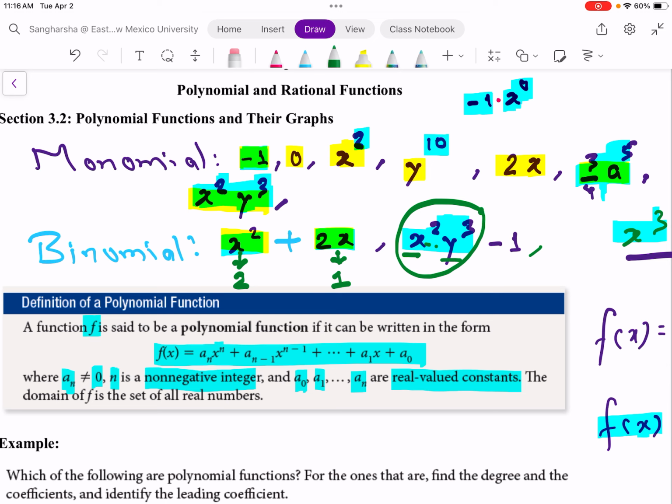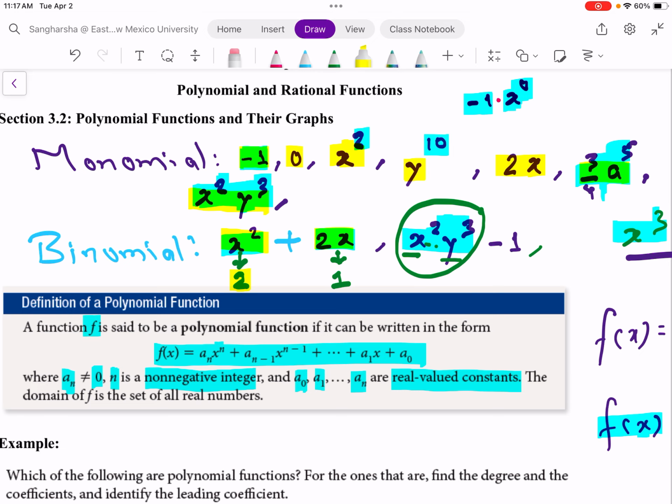We have more than one term, so we always take the highest degree here. What is the highest degree? 2, right? So 2 is the degree of this binomial. In order to find the degree of a polynomial, you find the degree of each term, and whichever term has the highest degree, that is the degree of the polynomial.